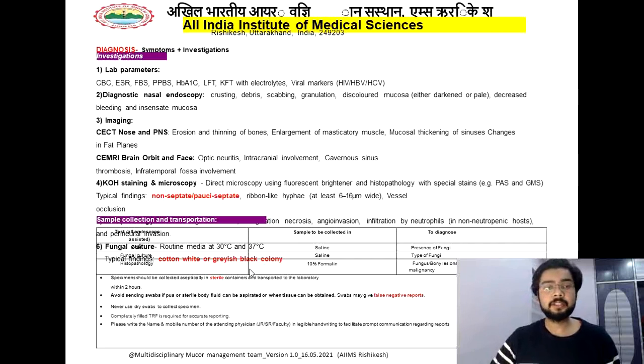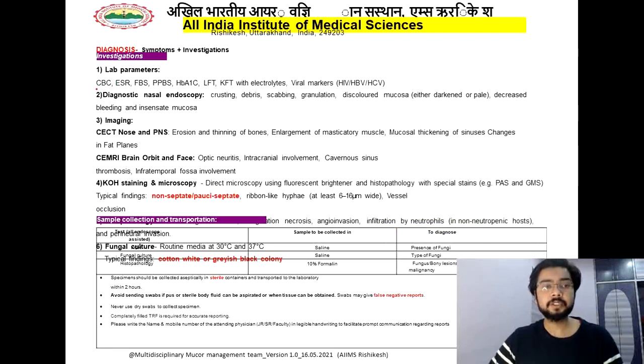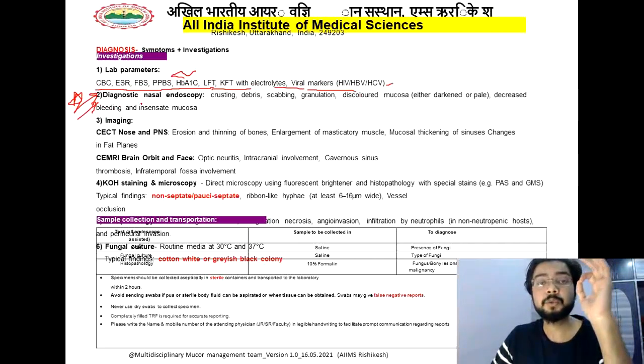What laboratory investigations are you going to do for such cases if they present to you? For blood parameters you would see CBC, ESR, fasting blood sugar, postprandial, HbA1c for diabetes, LFT, KFT, and viral markers for immunocompromised state. Diagnostic nasal endoscopy plays a very important and pivotal role in early identification.